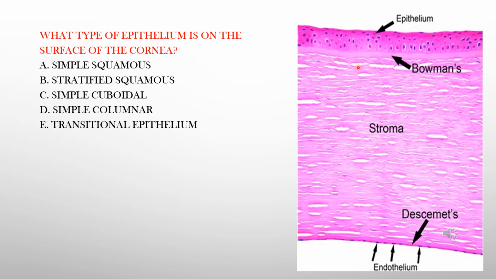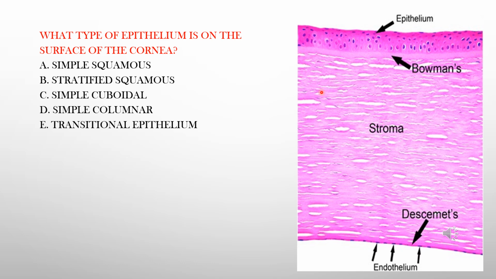Exactly, as we see in the picture, it is a stratified squamous epithelium formed of more than one layer, with the uppermost layer flat cells, squamous cells. So it is a stratified squamous epithelium.